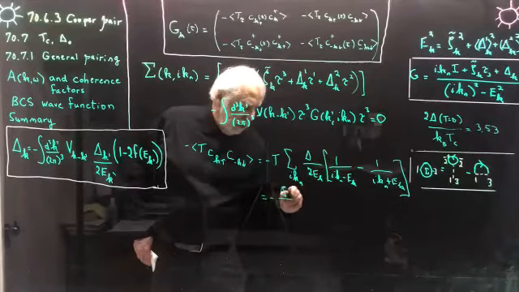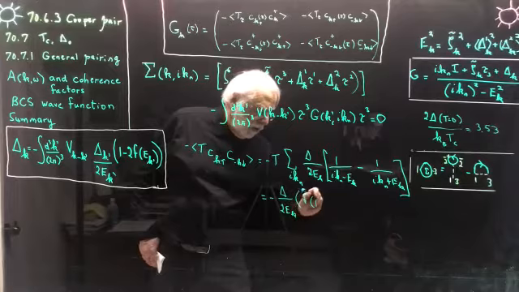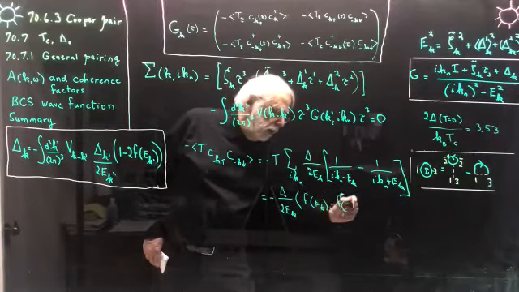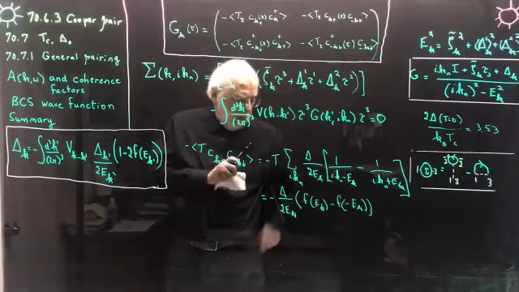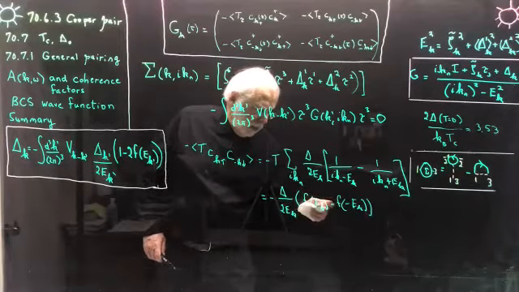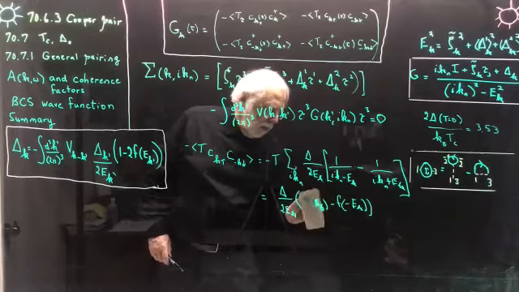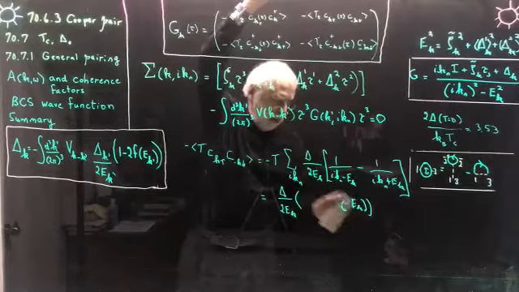So I have delta over 2 E_k, and I have Fermi functions: f of E_k minus f of minus E_k. And this is 1 minus f of E_k. So all together, this will be plus, and this will be 1 minus 2f, and 1 minus 2f is hyperbolic tangent.